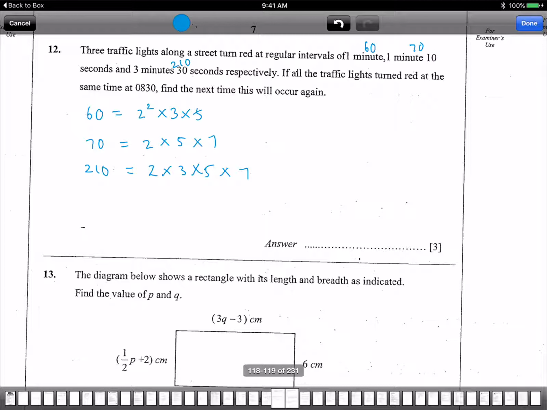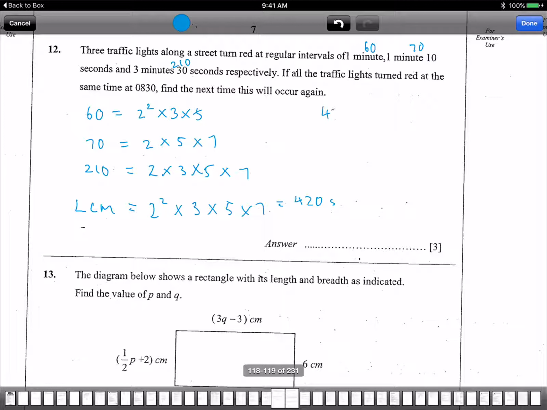So find the lowest common multiple. We have to choose the highest power. Right, so we look at the column for 2, we take 2 square. Column for 3 is 3, column for 5 is just 5, column for 7 is 7. So the answer is 4 times 3 times 5 times 7, 420 seconds.